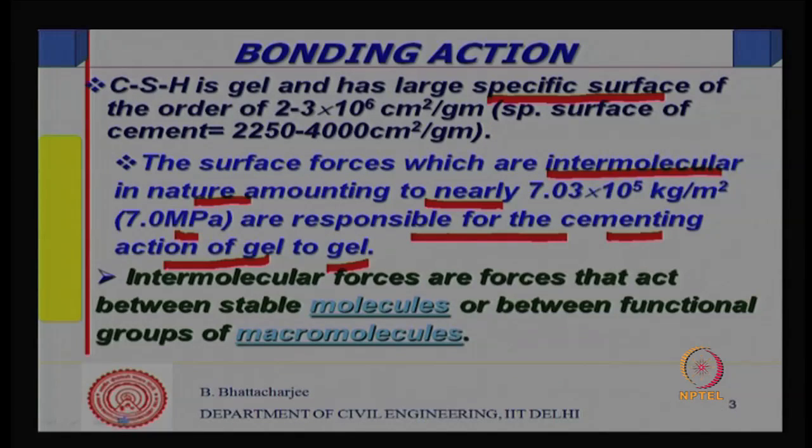These intermolecular forces, what are they? The intermolecular forces are the forces that act between stable molecules or functional groups, or between functional groups of macromolecules.